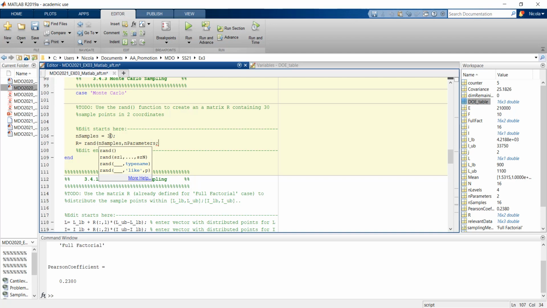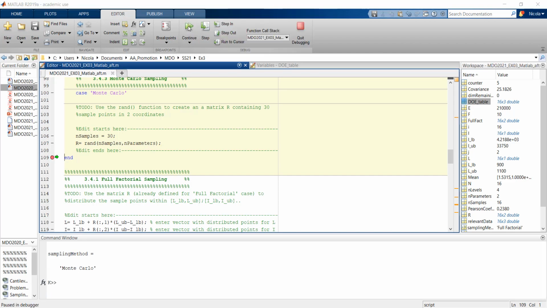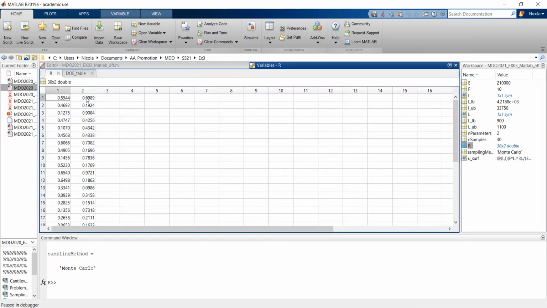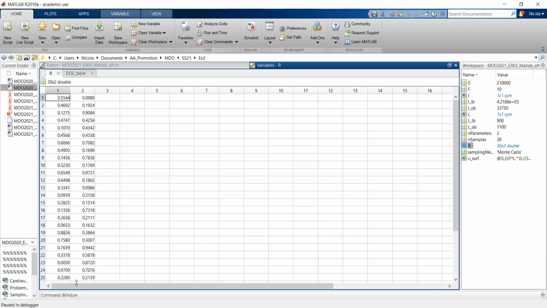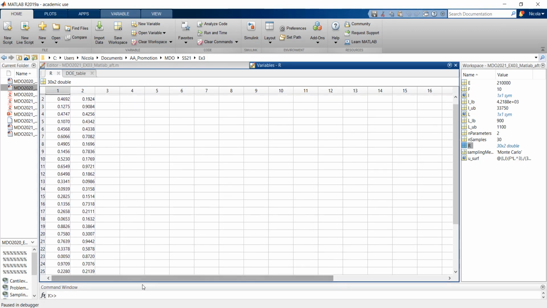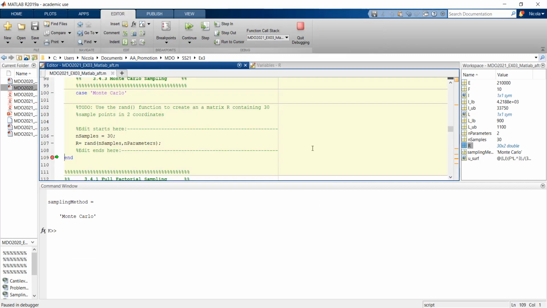Look at the E again. And that's it. Now if we look at our value R, we got 30 different combinations of those two values, and now we also have to shift them so they are between our upper and lower bounds, but that's what we already did for the full factorial sample.